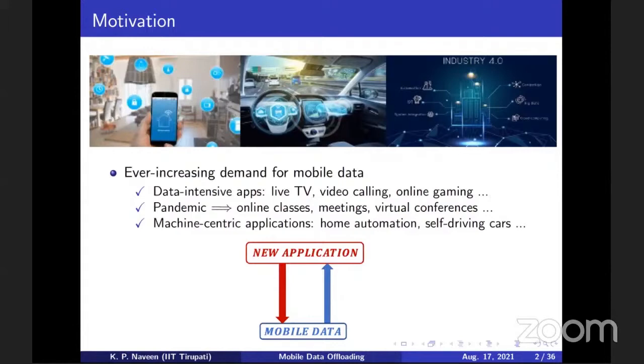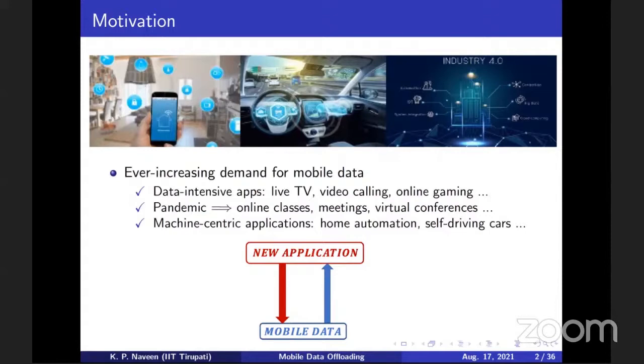We are talking about virtual reality, augmented reality, and so on, right? So again, that will add up to the demand for mobile data. This trend is going to continue into the future, and the demand a few years down the line is going to be very extensive.